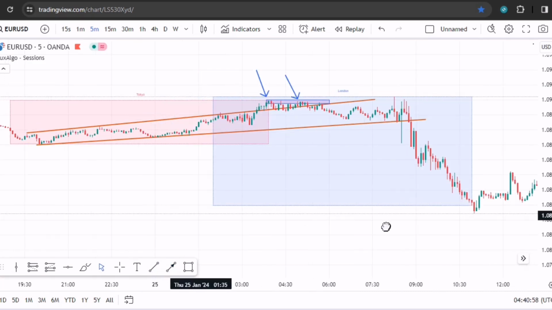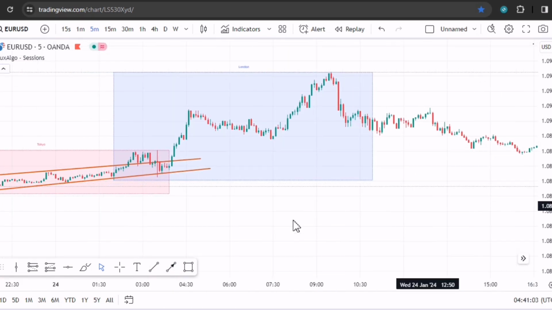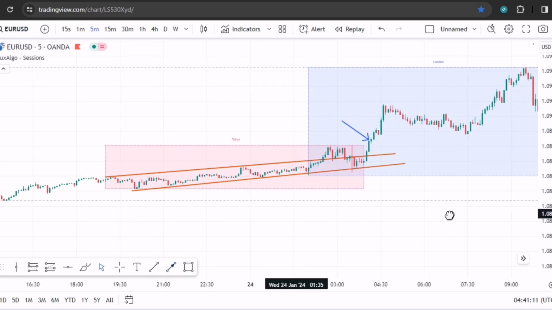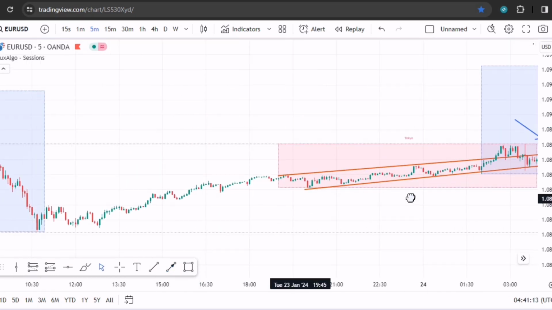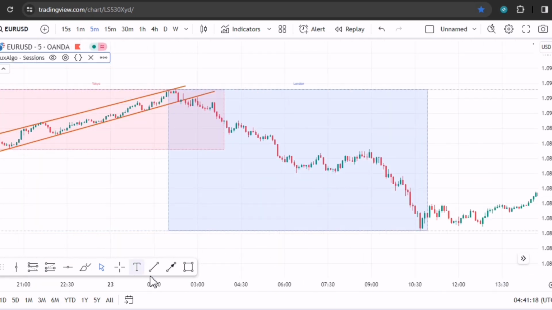But then I'm just keeping things very simple. So we have two bad trades right here. You would have had your buy trade there. Right here you would have had your sell trade there.